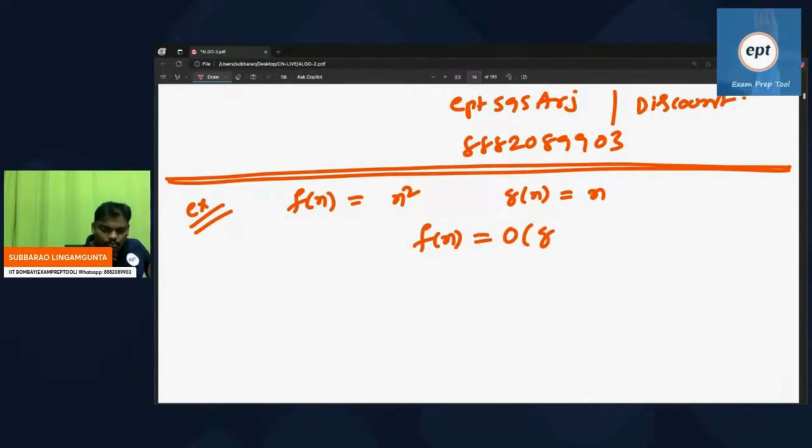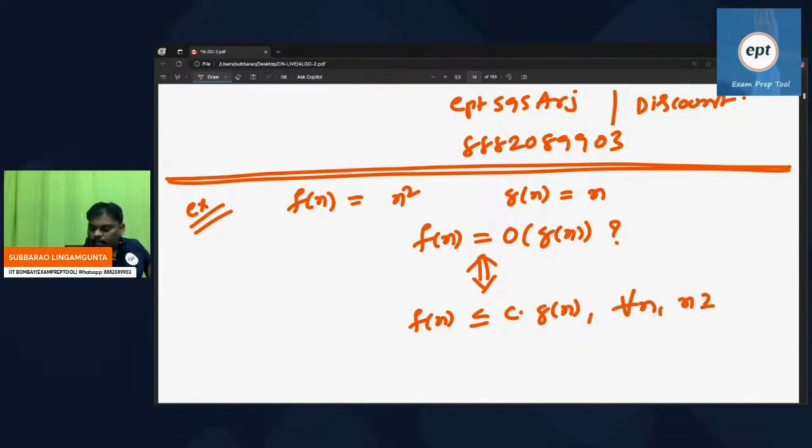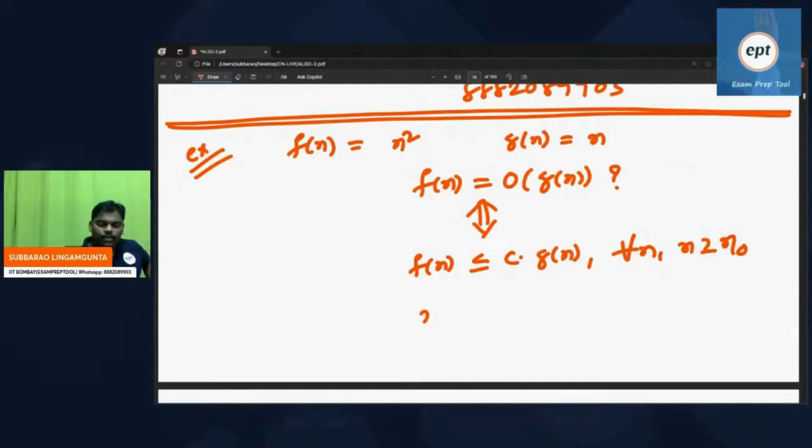If you want to prove this, this condition should be satisfied: f of n is less than or equal to some c into g of n, for all n where n is greater than or equal to n0. Can I prove it or not? Let me check. f of n is n square, less than or equal to some c into g of n.